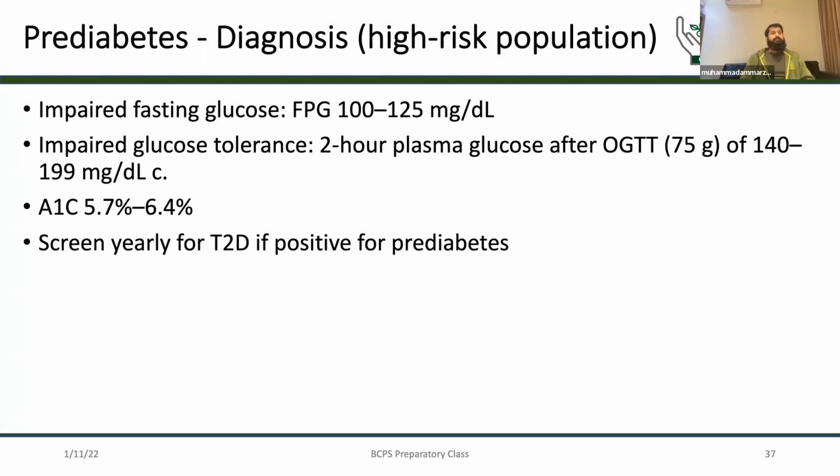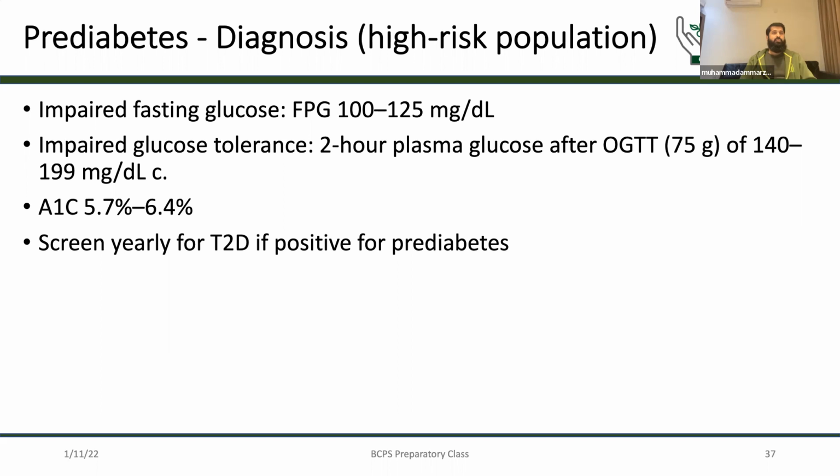So the diagnosis of pre-diabetes is also based on fasting plasma glucose, impaired glucose tolerance after oral glucose, and A1C levels, but the values are slightly lower. For example, if the fasting plasma glucose is 100 to 125 mg per deciliter, then it is a diagnostic criterion for high risk population of pre-diabetes.